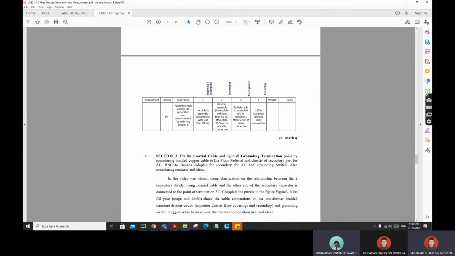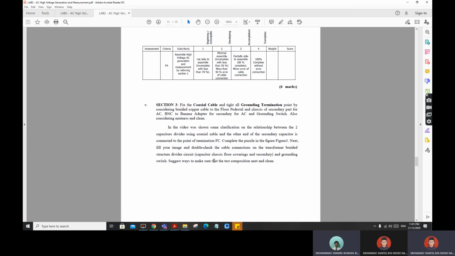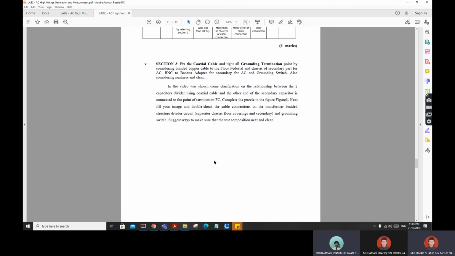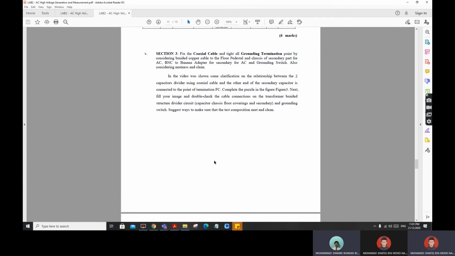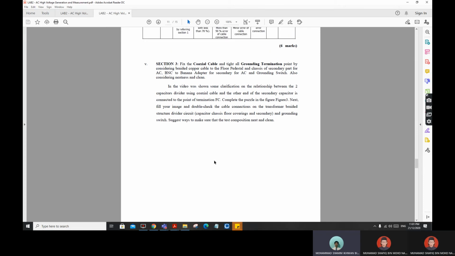Next, for section 3, I will pass to Muhammad Nazri bin Roslan. I will proceed with section 3.